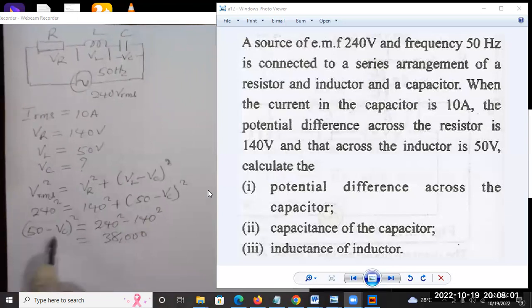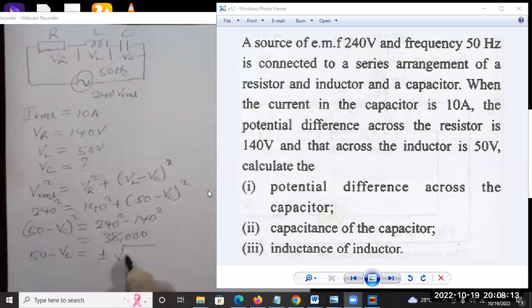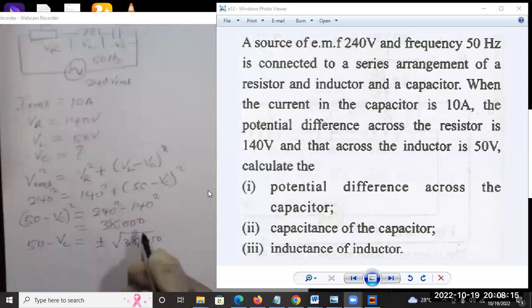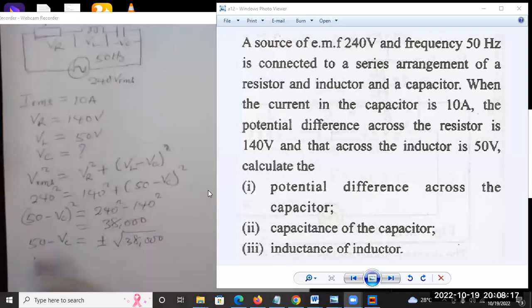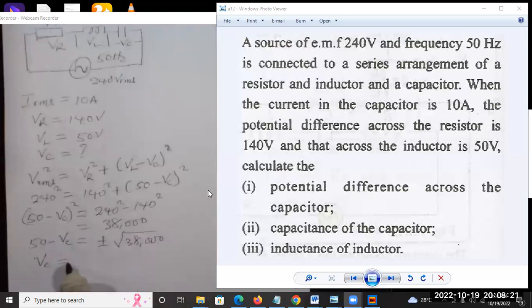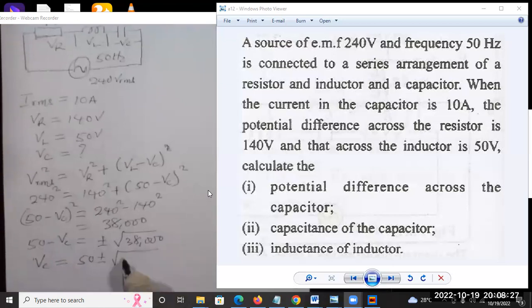From here, you can get rid of the square root sign, so 50 minus VC is equal to plus or minus the square root of 38,000. Making VC the subject of the formula, we will have 50 plus or minus the square root of 38,000.